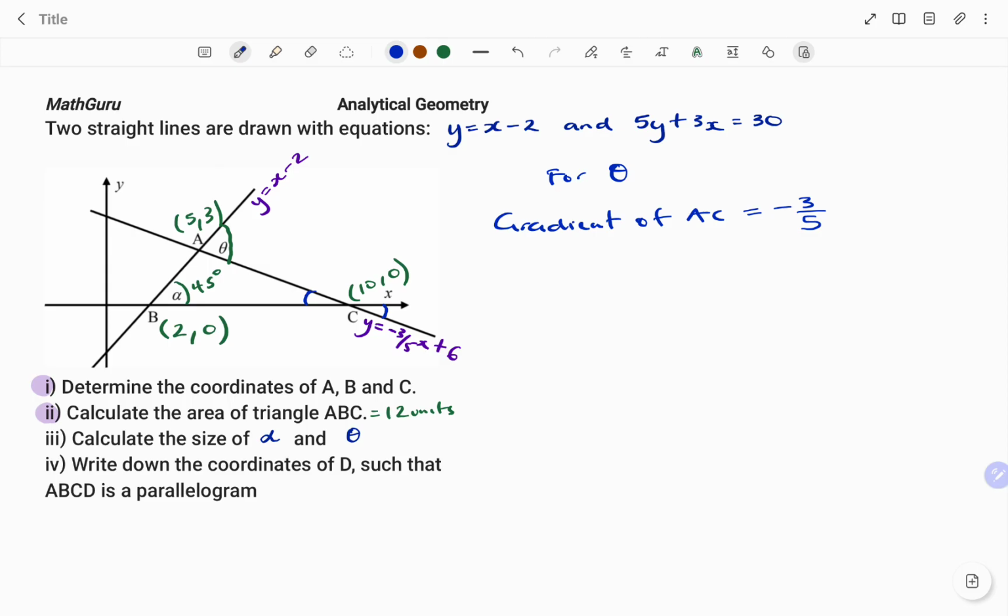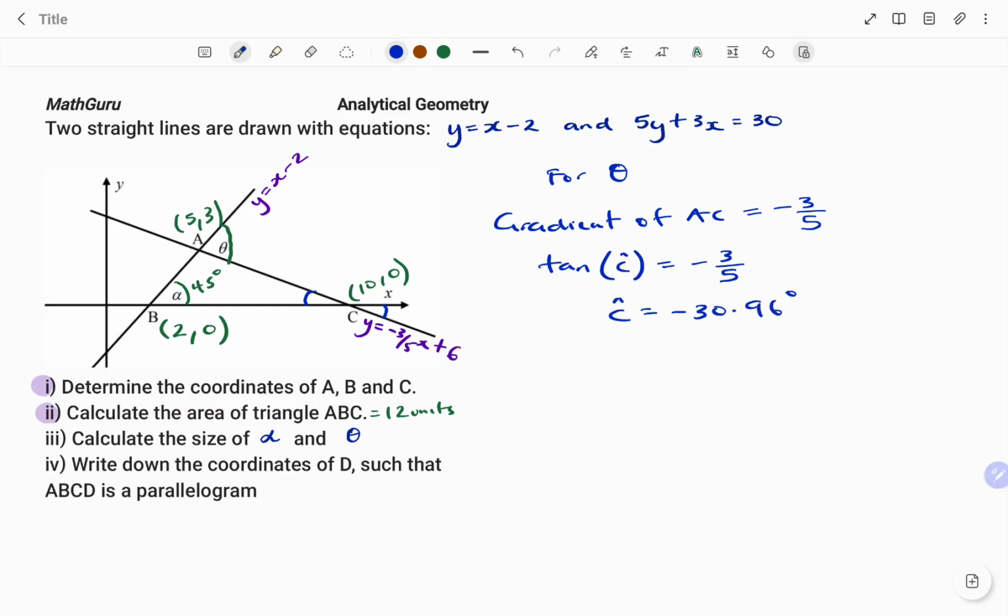Note that we've been able to calculate that by making y the subject of the formula, and the gradient is the coefficient of x. So therefore, to find the angle of inclination of the line AC, I have tan of, I'm going to call that my reference angle, let me call that angle C, equals negative 3/5.